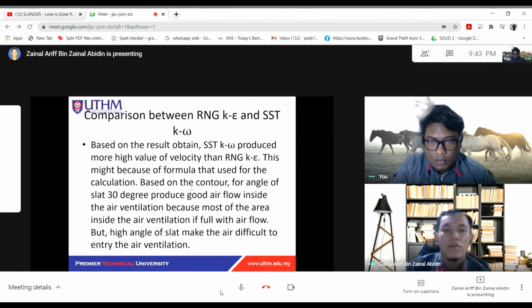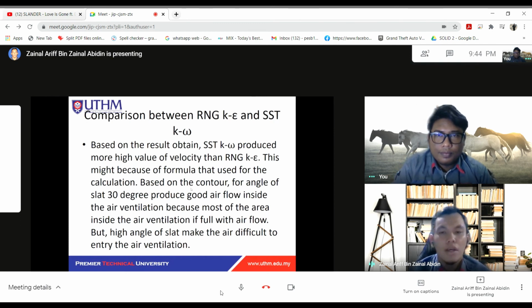And based on the comparison of the results of RNG k-epsilon and SST k-omega, SST k-omega produces higher velocity values than RNG k-epsilon. Based on this study, the different values might be because of the formula used for the calculation that we set.